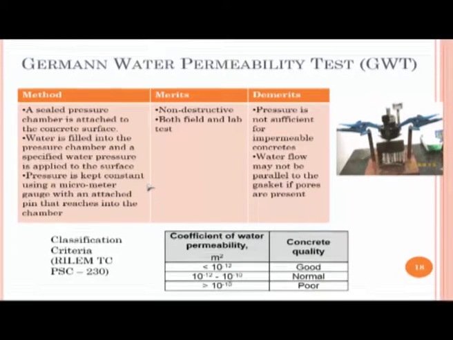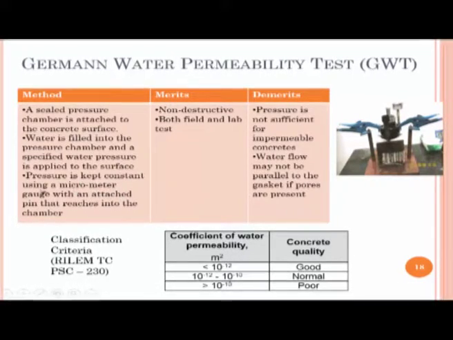There is also another non-destructive test method called the German water permeability test. It is a very proprietary test. You see this fixture here, which you clamp on top of your concrete surface, and you apply a pressure to the water that you pour in. There will be a difference in the gauges that you read in the instrument itself.